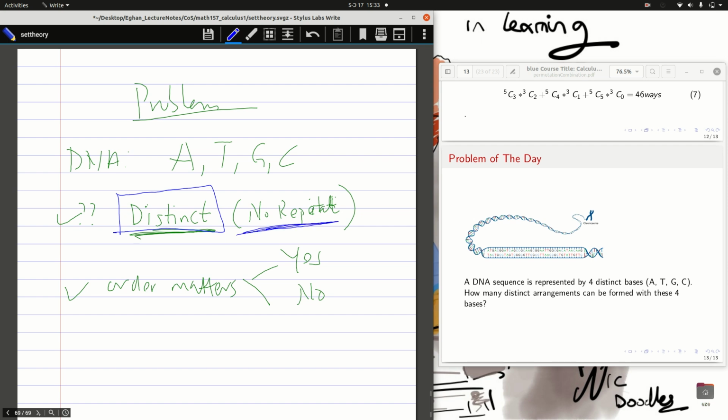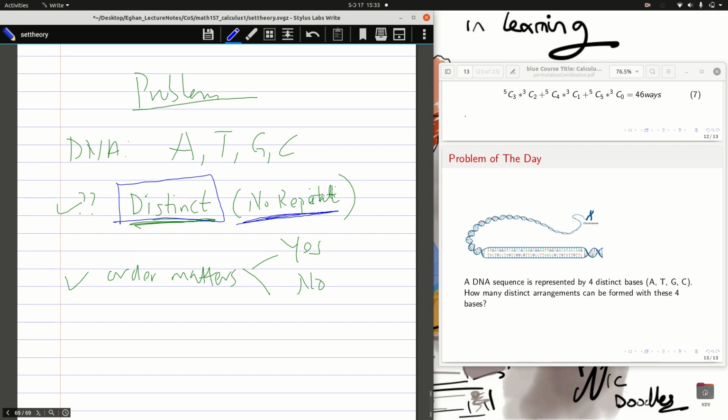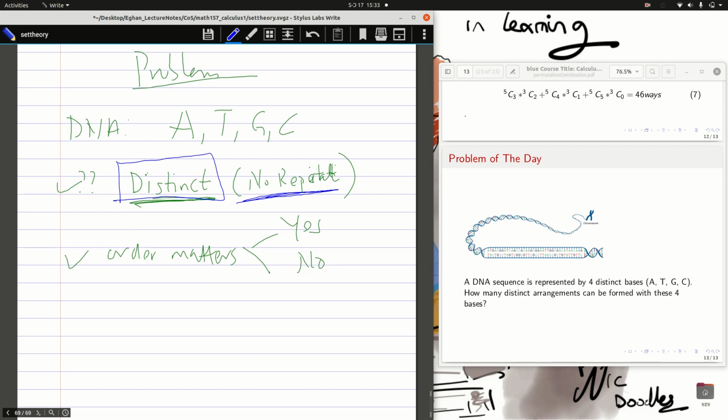Sometimes you'll be wondering, should you always see no repetition or is there repetition? Some of the things are just there for you to know there are no repetitions, like the keyword distinct. How many distinct arrangements can be formed with these 4 bases? So I ask the question, does the order really matter? Yes or no?